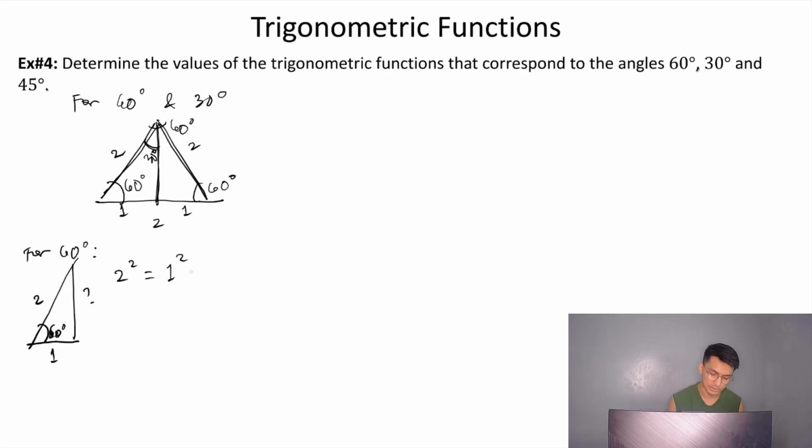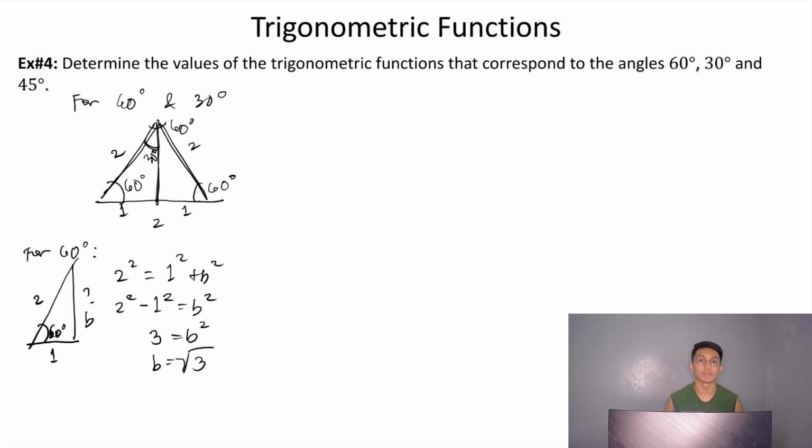And the missing value, let's say this is b, plus b square. Next, solving for b square, we have 2 square. Lipat natin yung 1 square sa kabila, maging negative 1 square is equal to b square. And 2 square minus 1 square is 3. Is equal to b square. Now, solving for the value of b alone, we have b square root of 3 na lang siya. So, alam na natin lahat ng value. We have the hypotenuse 2, the adjacent 1, and the opposite, we have square root of 3.